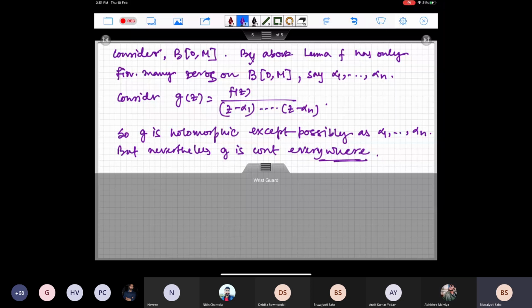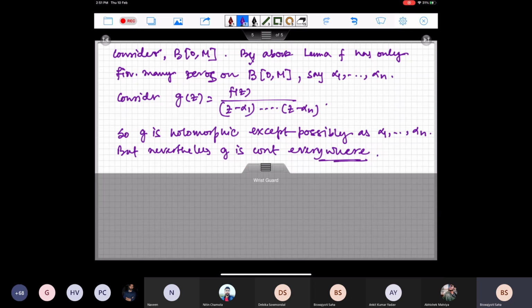Yes, so clearly the problematic points are alpha 1 to alpha n. Perhaps it's not holomorphic there, but nevertheless it's continuous, because if you look at a neighborhood of alpha 1 where none of the other alpha i's belong, the rest of the function is continuous, and f of alpha 1 is equal to 0.